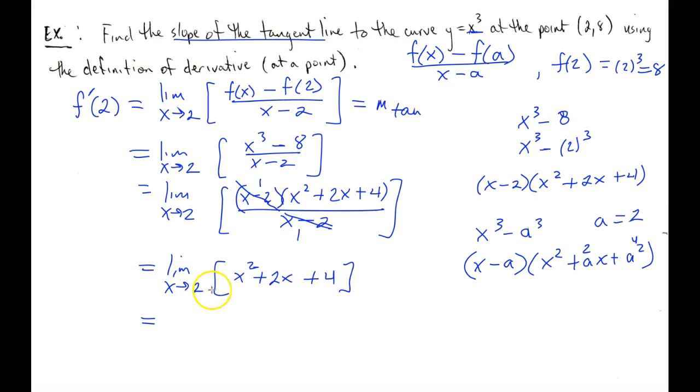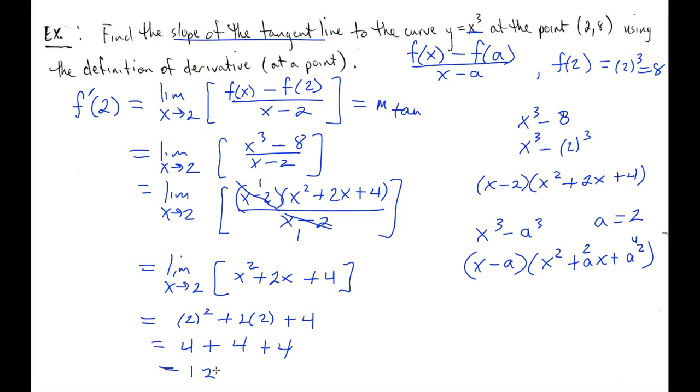And from here, we know that since this is a polynomial of degree 2, the direct substitution property says that since 2 is in the domain of this polynomial, and that this is a nice, smooth, and continuous function, we can just go ahead and plug into or evaluate this polynomial at 2. And of course, if we finish up the math there, we see that the result is 12.